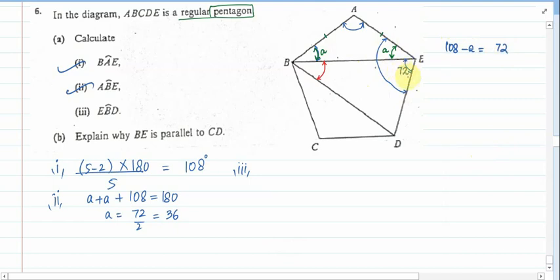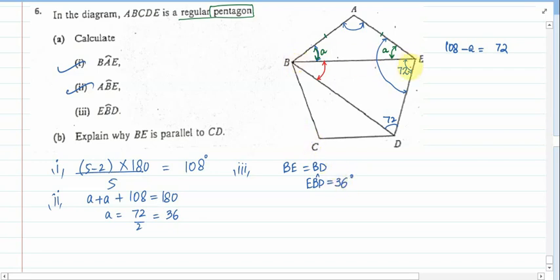Second thing, length BE and length BD are equal with the same logic of regular pentagon. That means this angle is also 72. So 72 plus 72, subtract from 180, angle EBD is equal to 36 degrees, right?